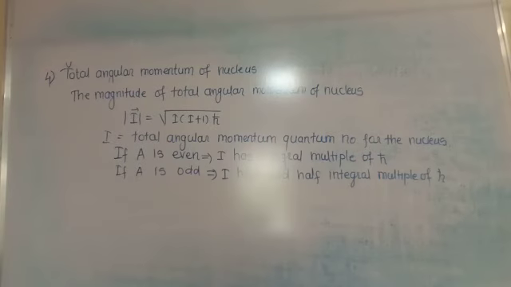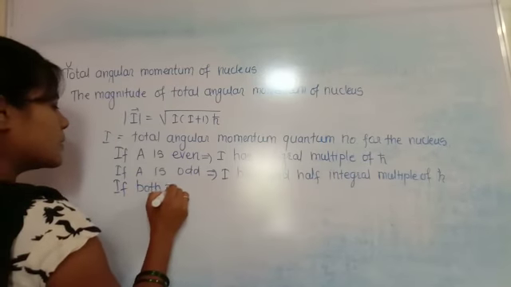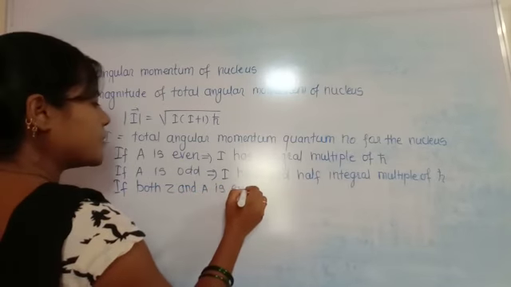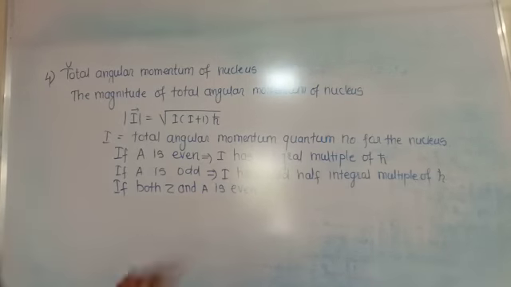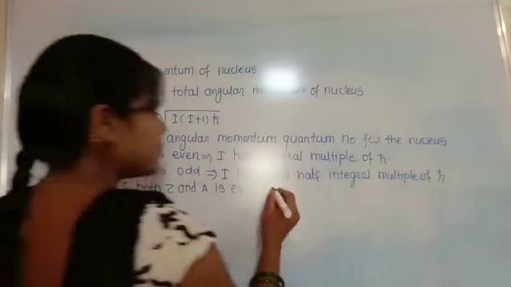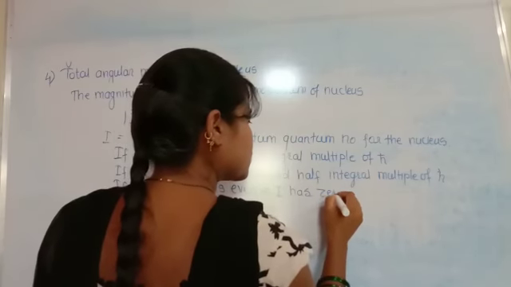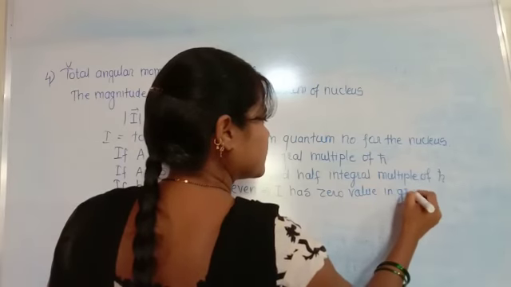If both Z and A are even, that means the atomic number and the mass number are both even, the value of I in the ground state is always 0.